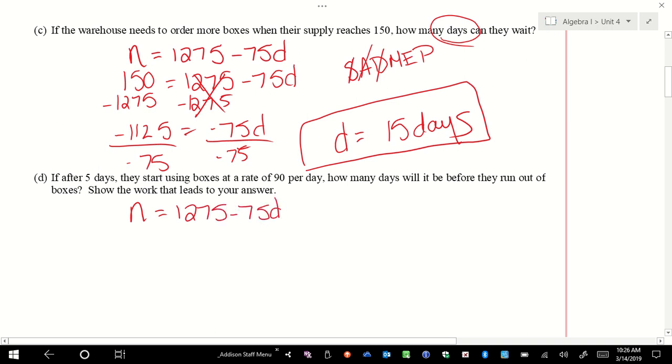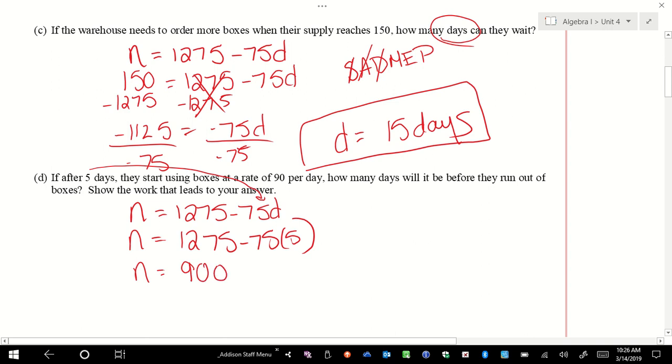Think about where the 5 is going to go. It stands for days. That means into D. Plug that in. Answer is 900. So after 5 days, they have 900 left.